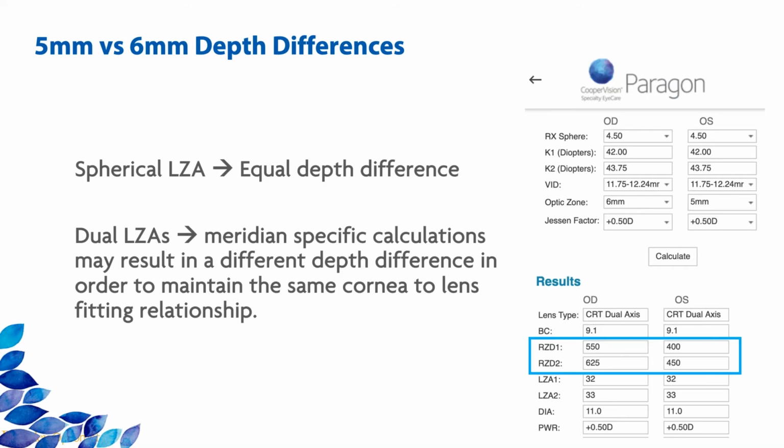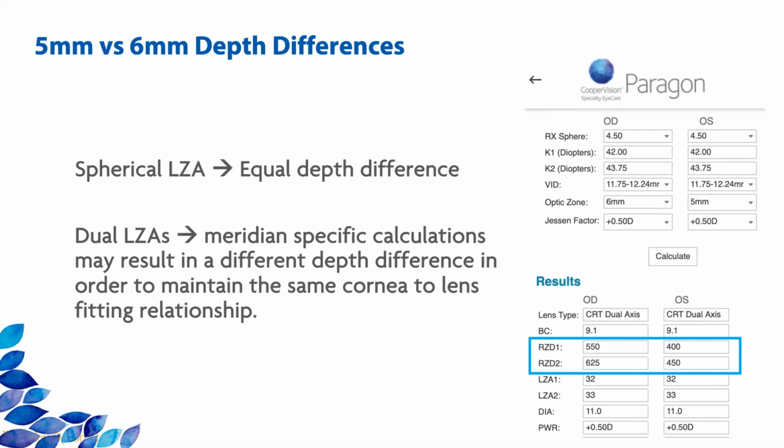So the troubleshooting thinking philosophy is exactly the same as in the 6mm lenses. And I tend to fit CRT lenses on the larger diameters to really ensure basically a pretty ideal centration from the beginning. So as you can see from the studies, I have used the lenses all the way up to a 12 millimeter diameter. And so if I'm seeing a lateral decentration, whether it's a 5 or 6 OZ, I will still most likely increase the diameter of the lens to improve centration.